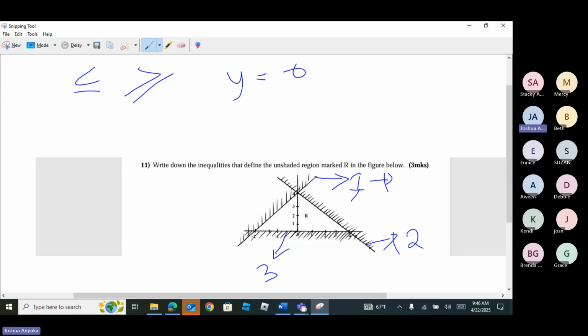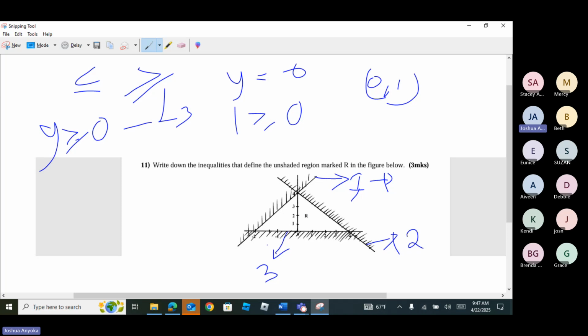Take 1 point inside the region, 0, 1. It is the easiest to substitute. Substitute 1, 0. It is obvious, 1 is greater than or equals to 0. Get back to the equation, substitute. Y is greater than or equals to 0. We have line 3.